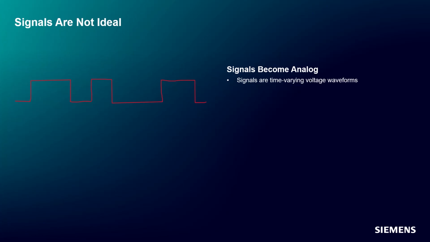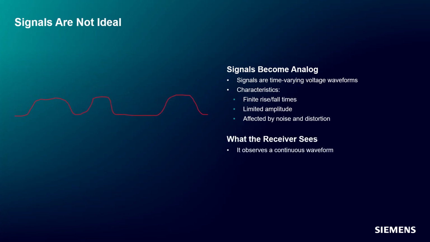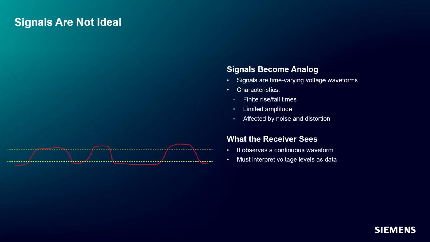So instead of thinking in terms of perfect waves, it's more accurate to think of a signal as a time-varying voltage waveform that represents data. They have finite rise times, limited amplitude, and are affected by noise and distortion. That means the receiver isn't simply reading ones and zeros. It is sampling an analog waveform and deciding what those values represent.